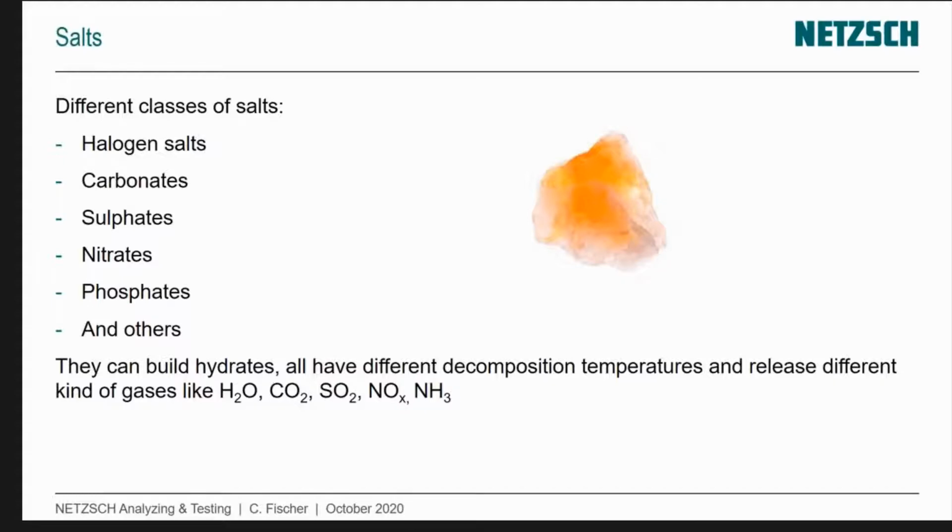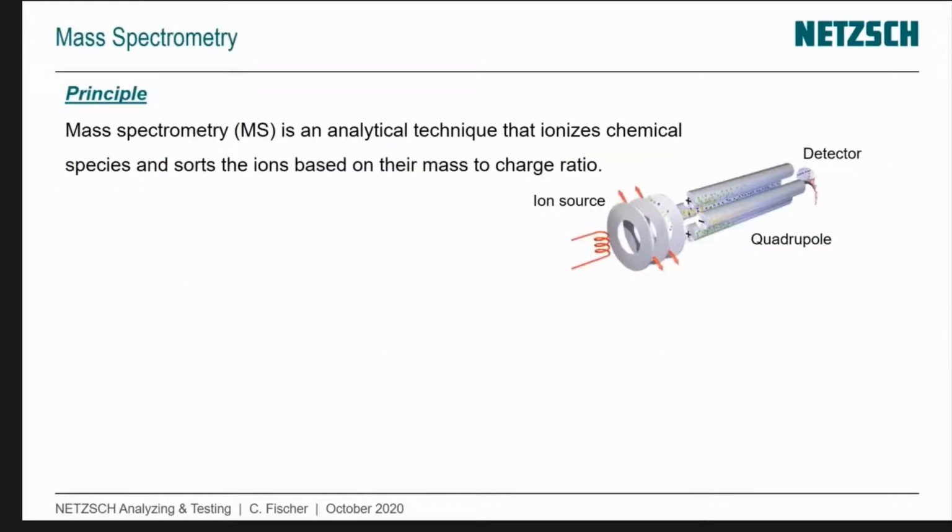Some of them can build hydrates, and thermal decomposition may cause the release of gases like water, carbon dioxide, sulfur dioxide, NOx, or ammonia. The detection of permanent gases is an easy task for mass spectrometry.